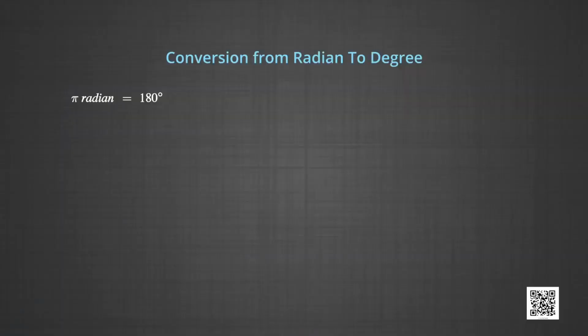Now, we will see conversions from radians to degrees. We know that pi radian is equal to 180 degrees. So, 1 radian is equal to 180 upon pi degrees. Using this, we will solve the following questions.